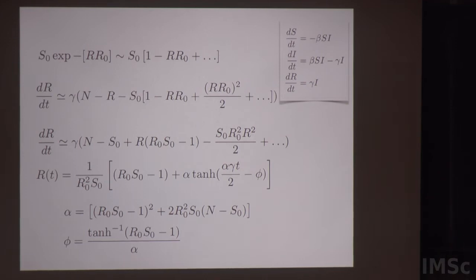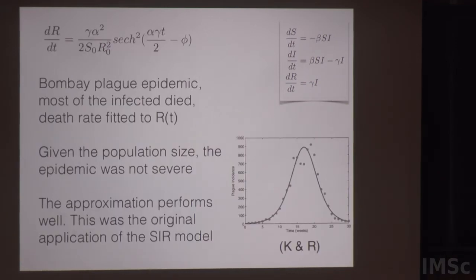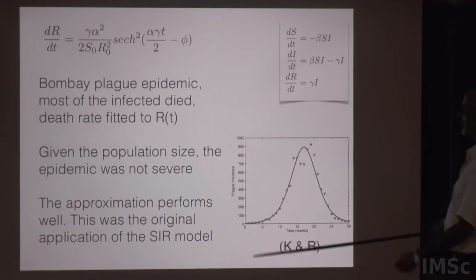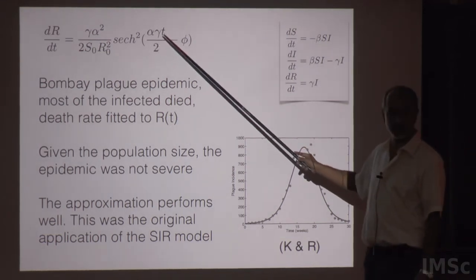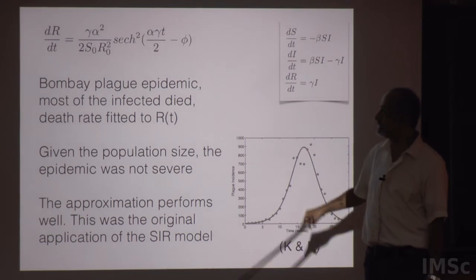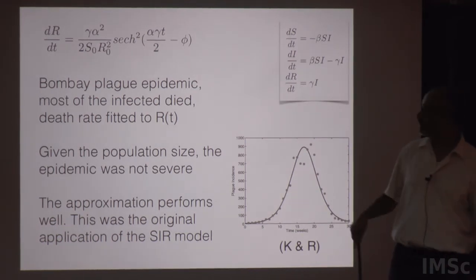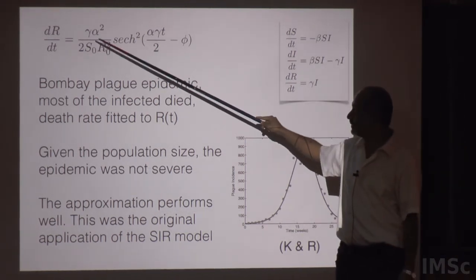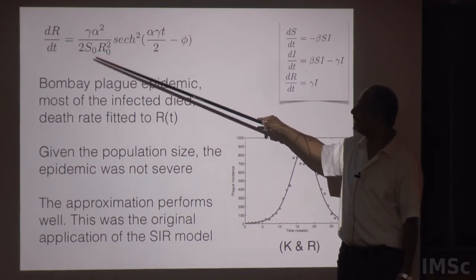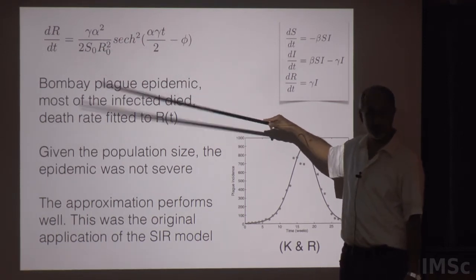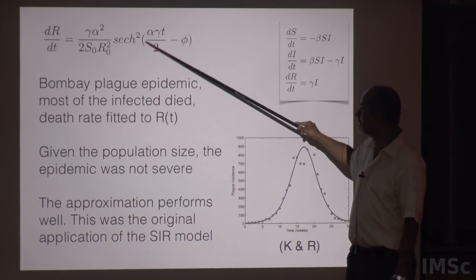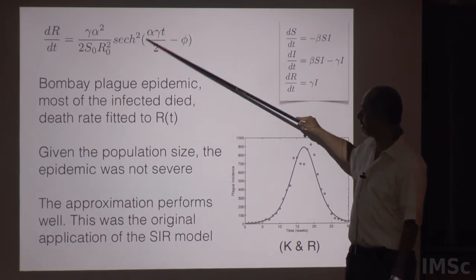Okay. Now that I have that solution, I can put it together, simplify it a little bit, remove the phi term, etc., and write it in this particular form. So, this involves the R0, the initial susceptibles, gamma, and a quantity called alpha squared, which we saw earlier, and this is the phase factor here, and this is how the time behaves.